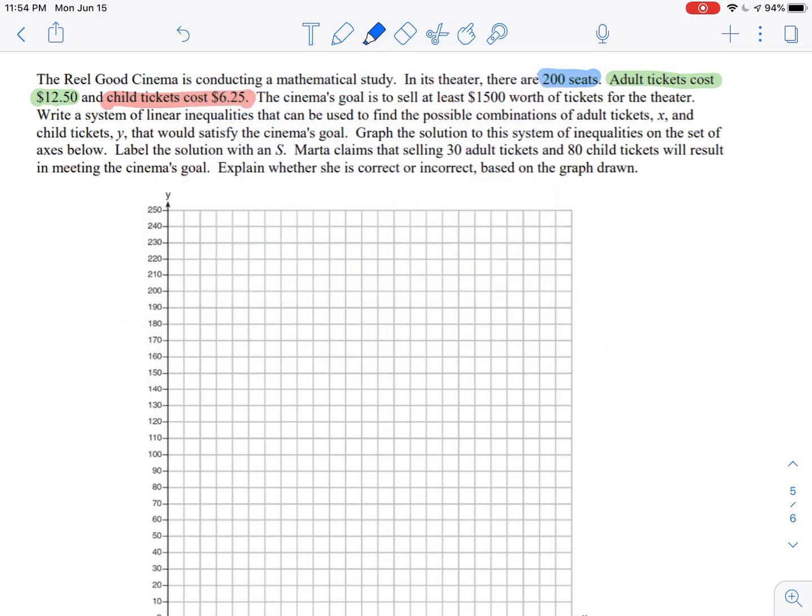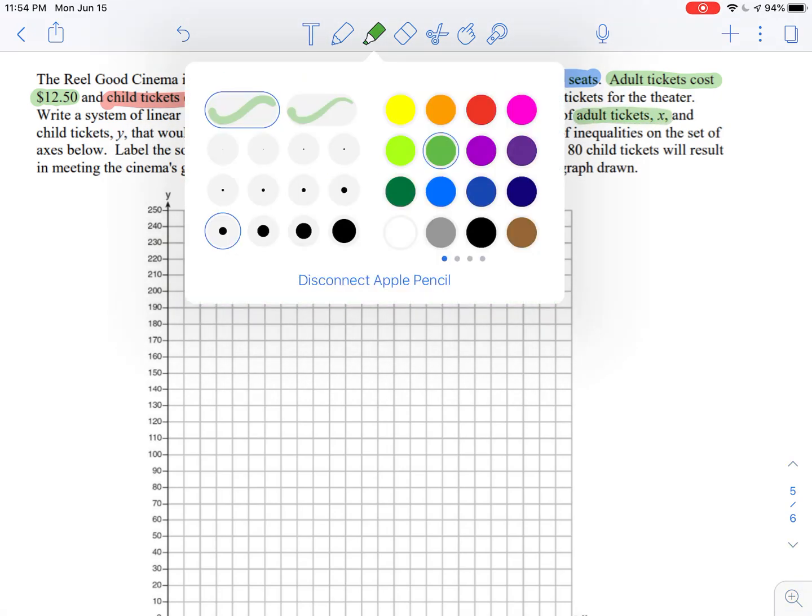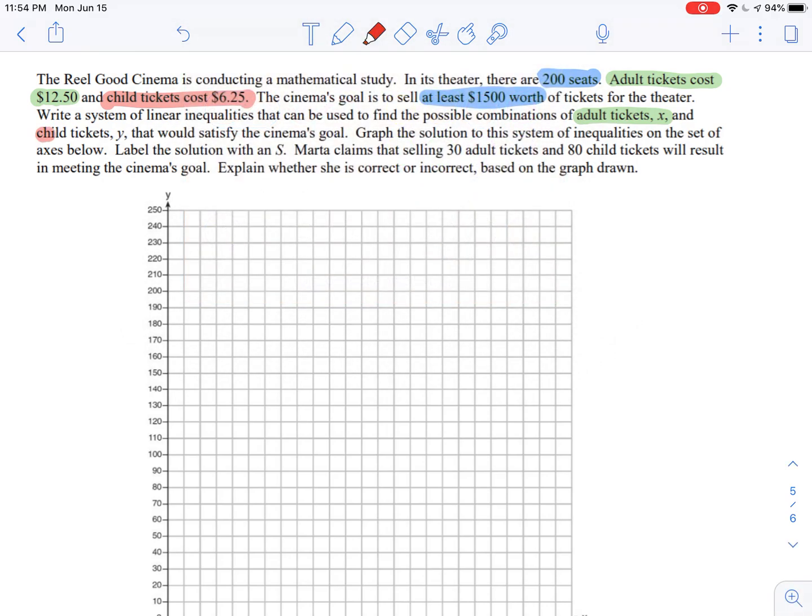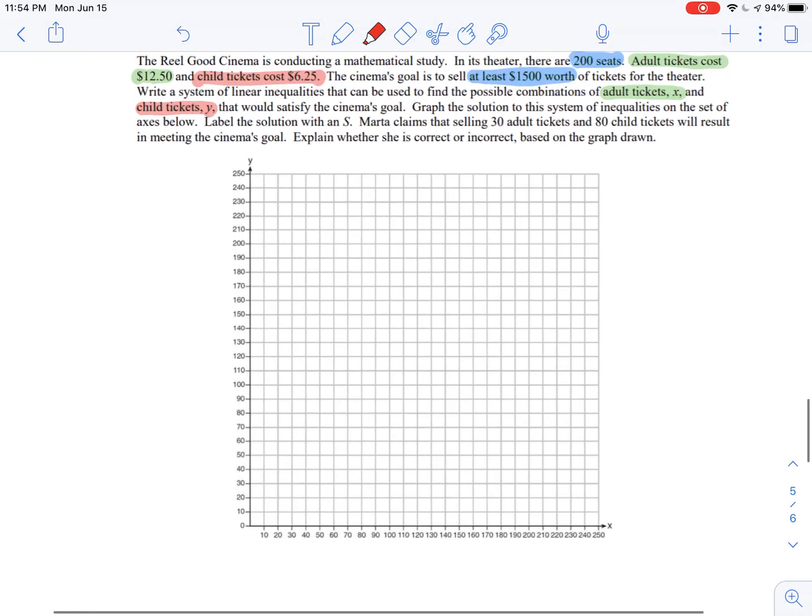The goal is to sell at least $1,500 worth of tickets. Write a system of inequalities that can be used to find the possible combinations of adult tickets, which is our X value, and child tickets, which is our Y value.